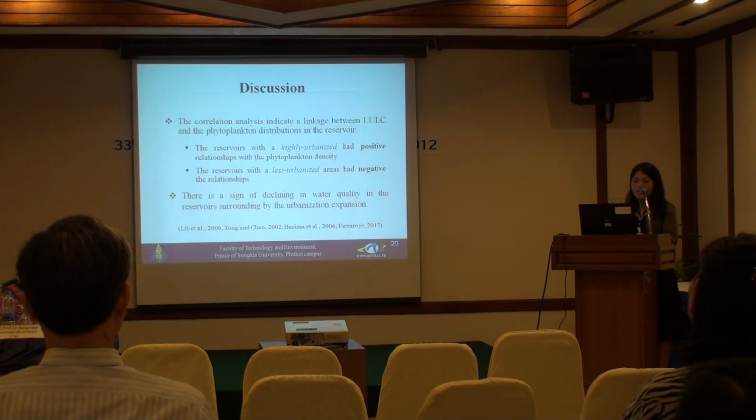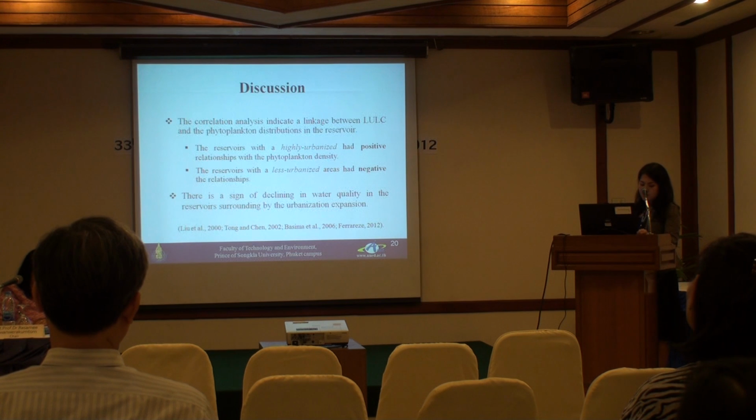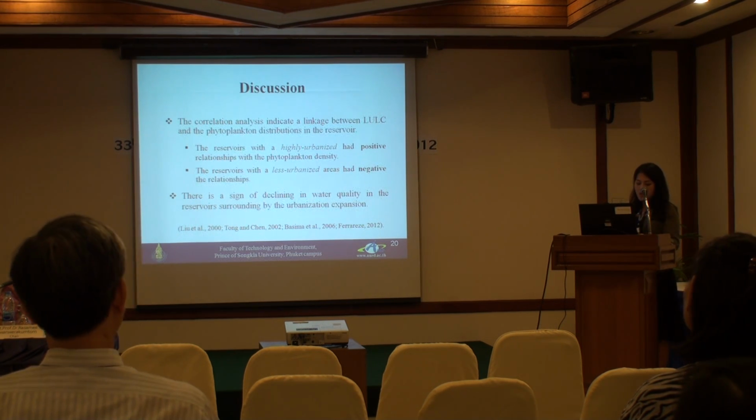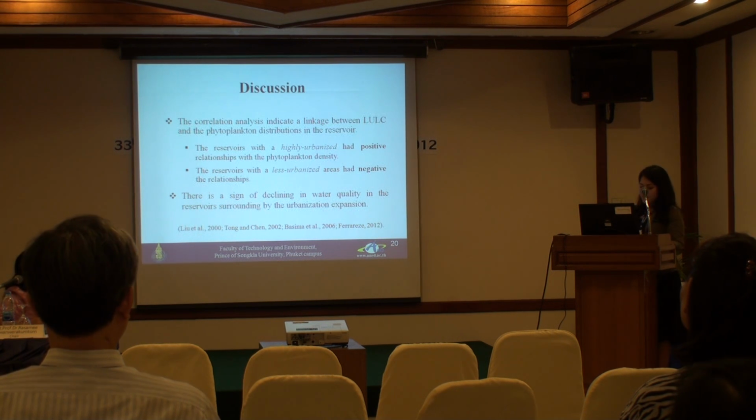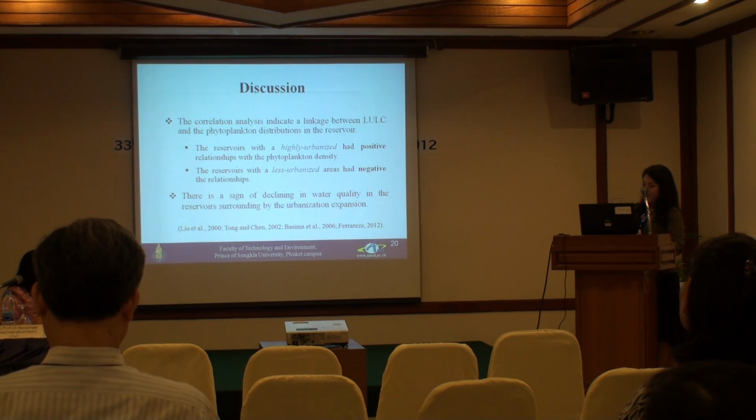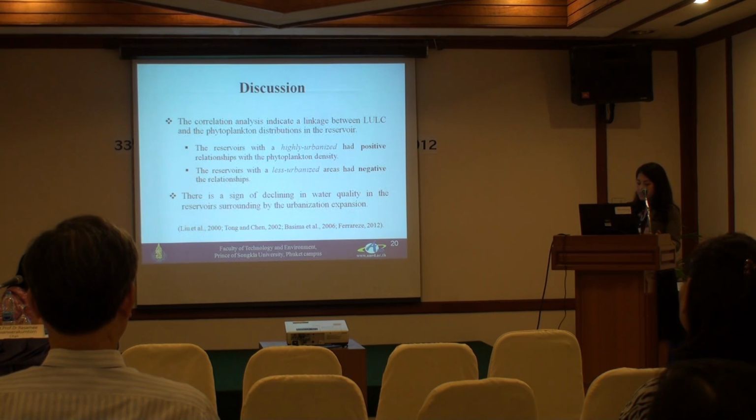The reservoirs with less urbanized areas have a negative relationship. Especially, the reservoirs with a combination of highly urbanized and agricultural areas are positive too. Our finding discloses that this is a sign of declining water quality with urbanization expansion, and not for the reservoirs with a high percentage of forest.